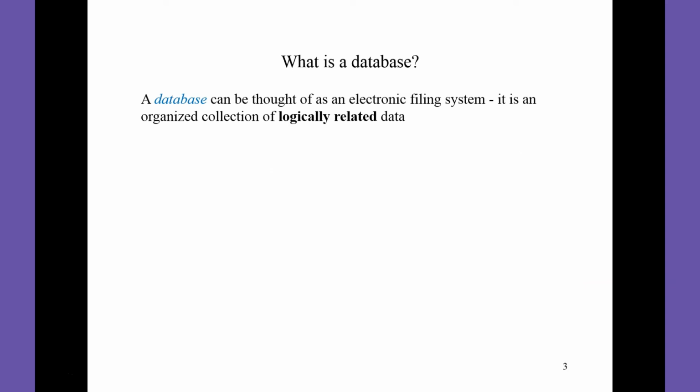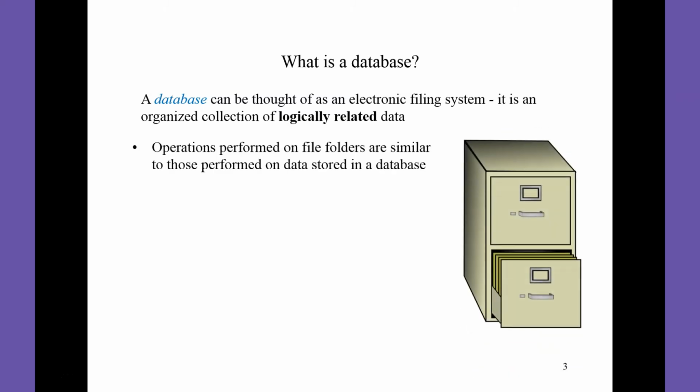A database could be thought of as an electronic filing system. It's an organized collection of logically related data. The operations that we would perform on a file folder or file folders within a filing cabinet are similar to the types of things we would do with a database.